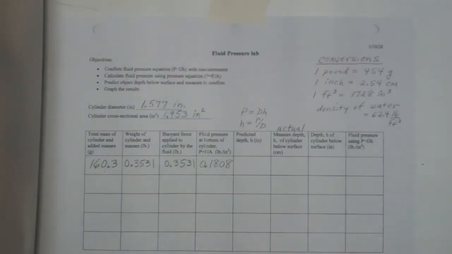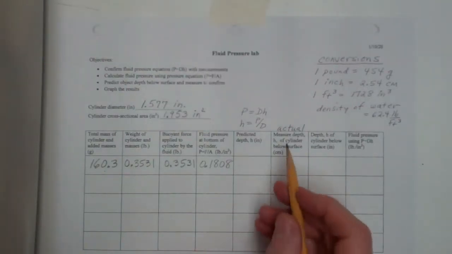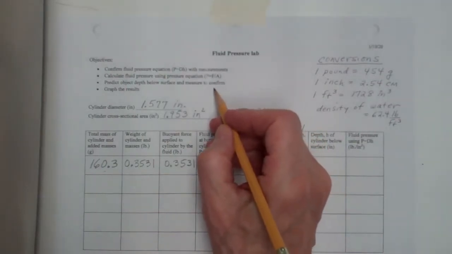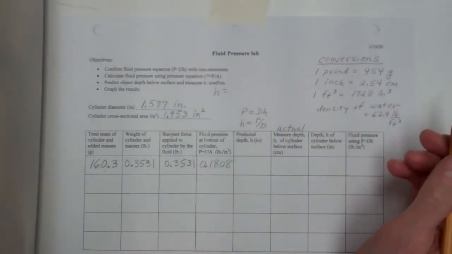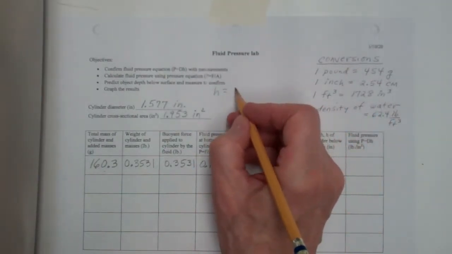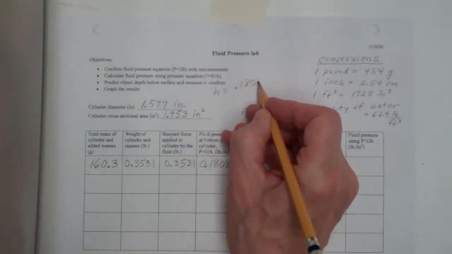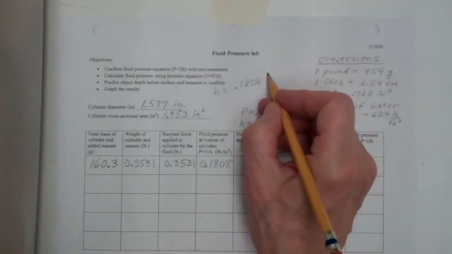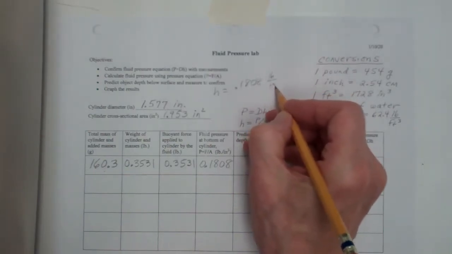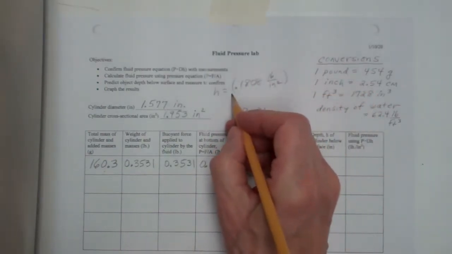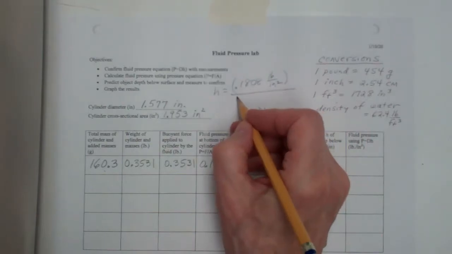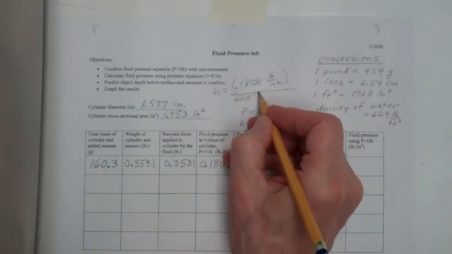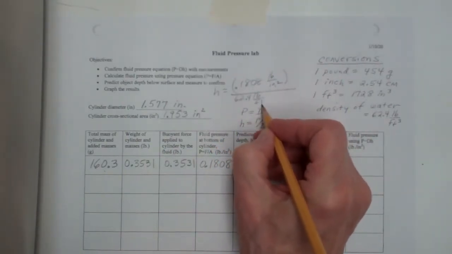Now this calculation will look something like this. The pressure being the 0.1808 pounds per square inch divided by the density, 62.4 pounds per cubic foot.